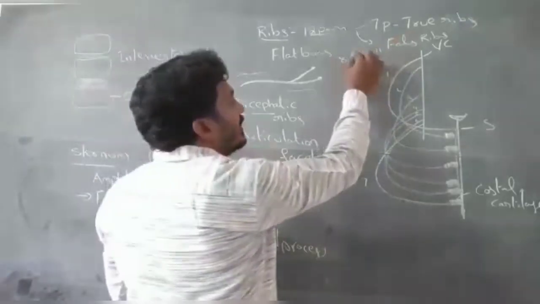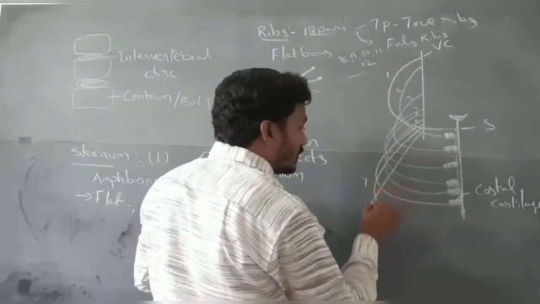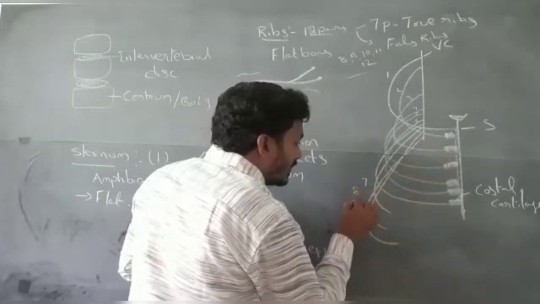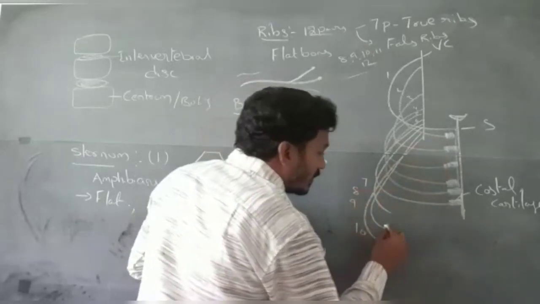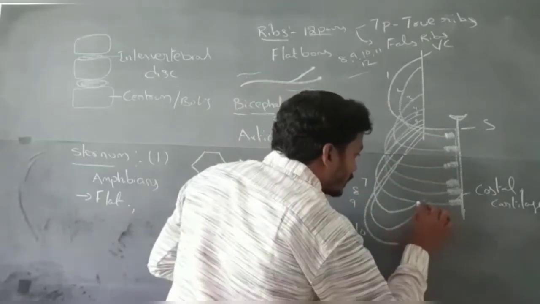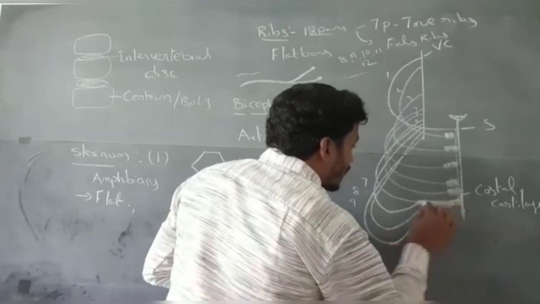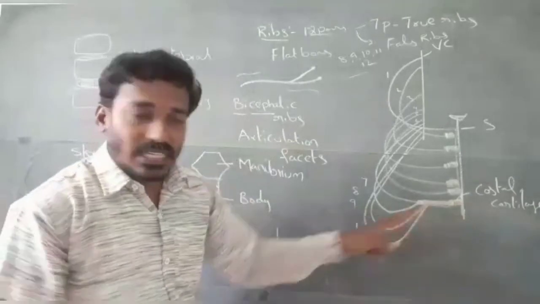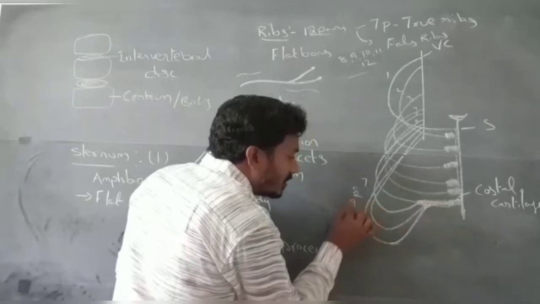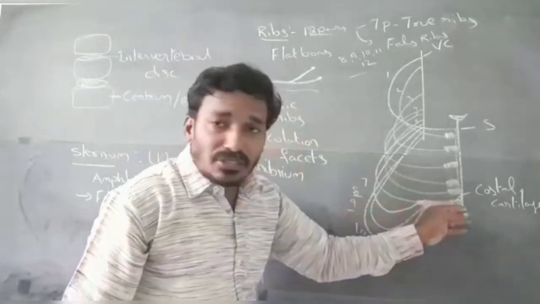Next, 8, 9, 10. The 8th, 9th and 10th ribs are not directly attached with the sternum.